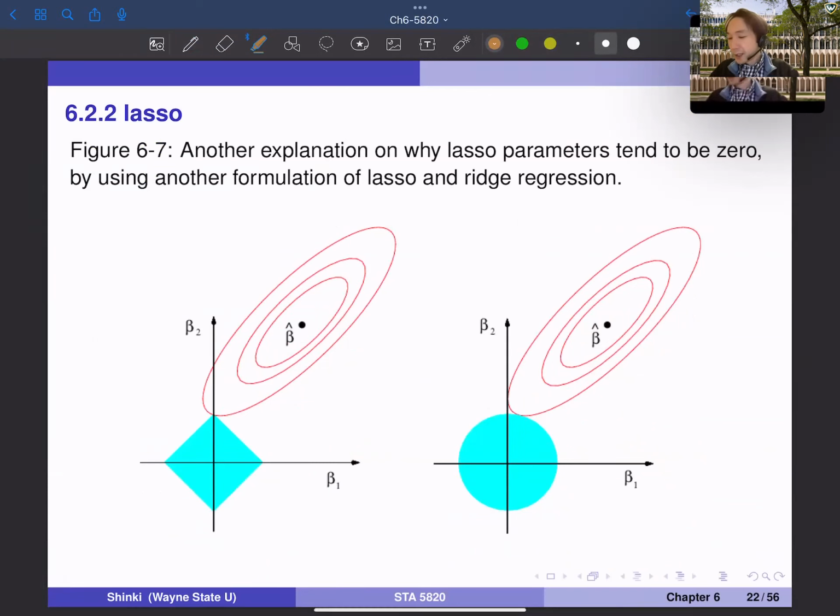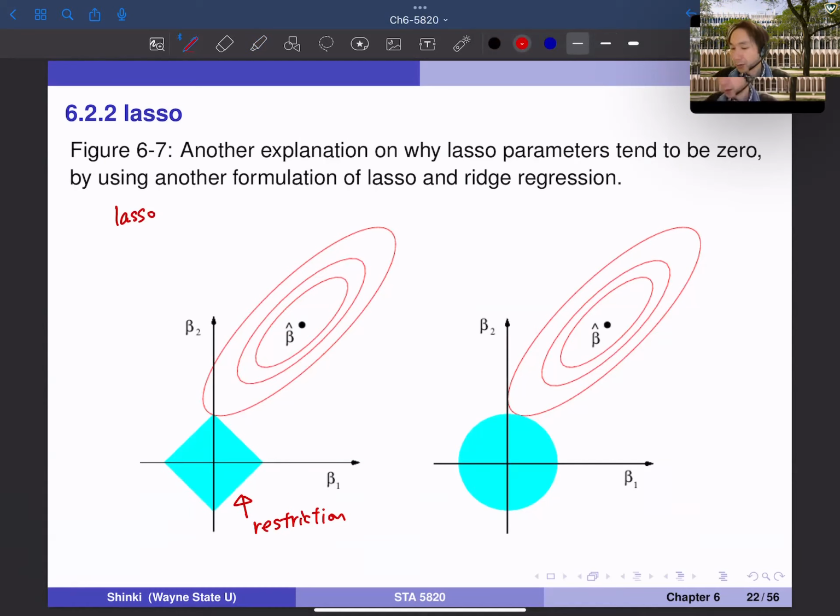With this equivalency, basically the lasso and ridge are doing this. So at first, this is basically the restriction. We are thinking about lasso here. So this is a restriction on the parameter.